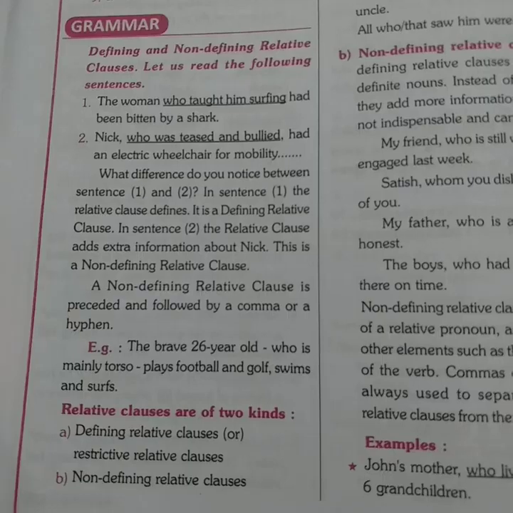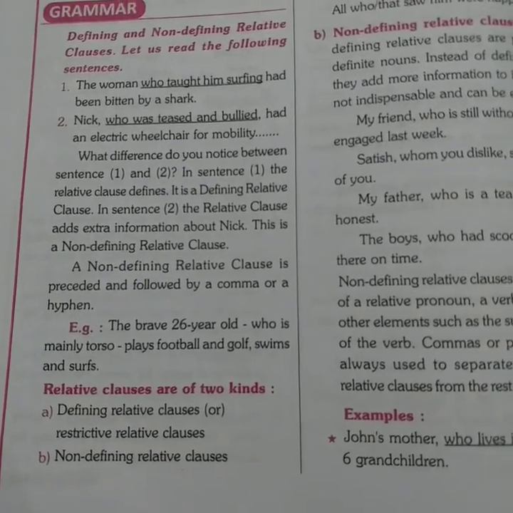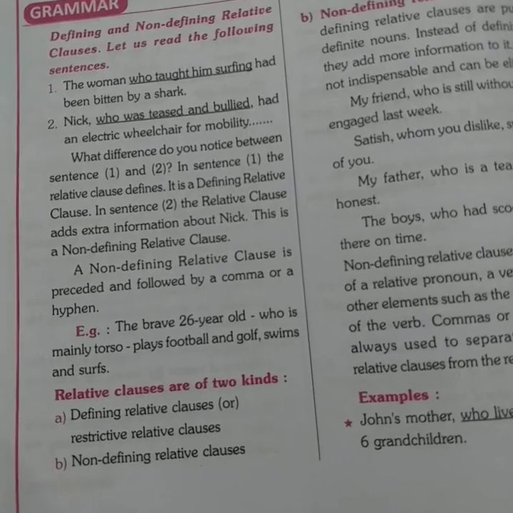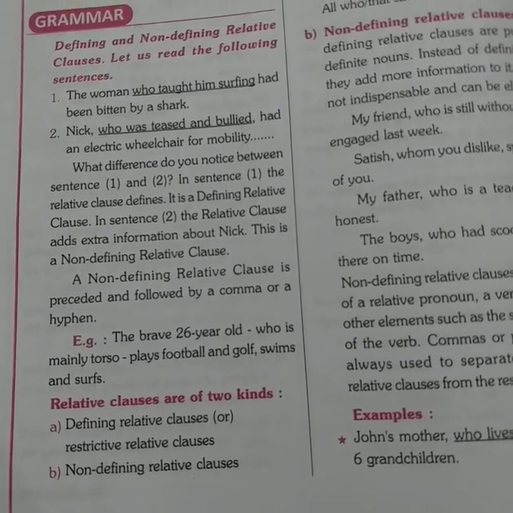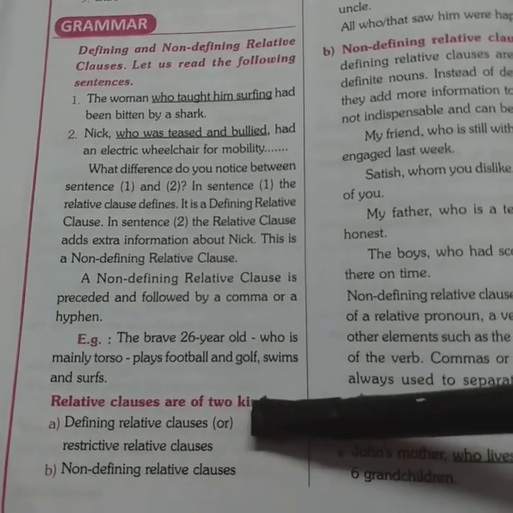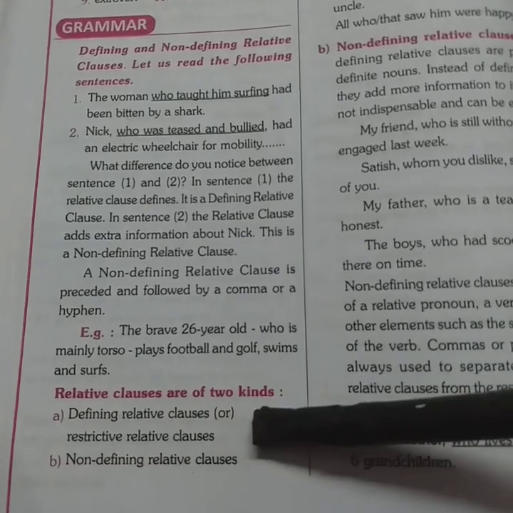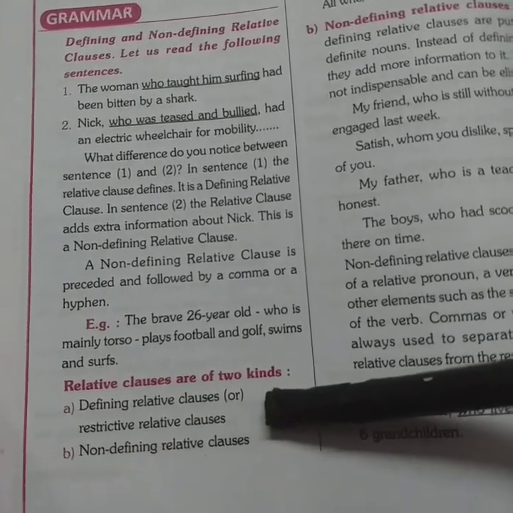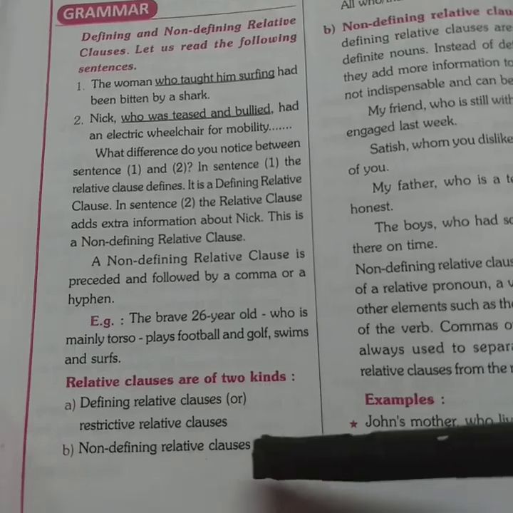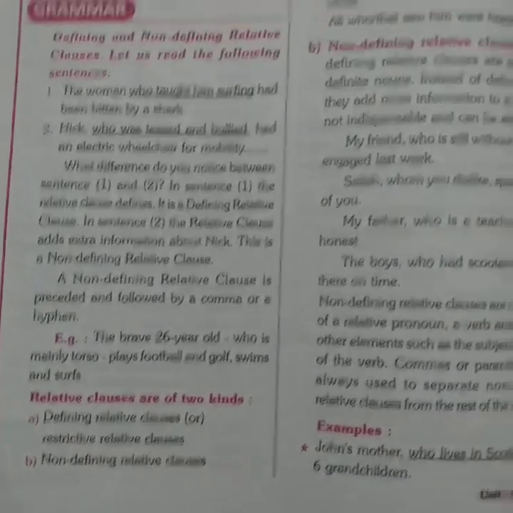Children, I think you remember DRC and NDRC. Remember, children? Defining relative clause, which is also called restrictive relative clause, and the second one is non-defining relative clause. So let us come to defining relative clause, children.